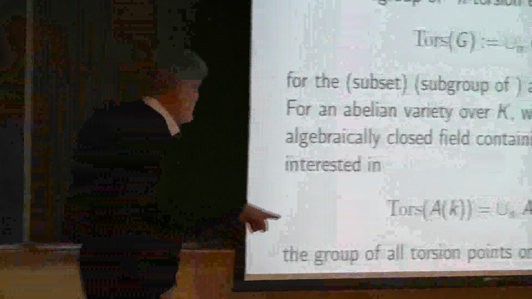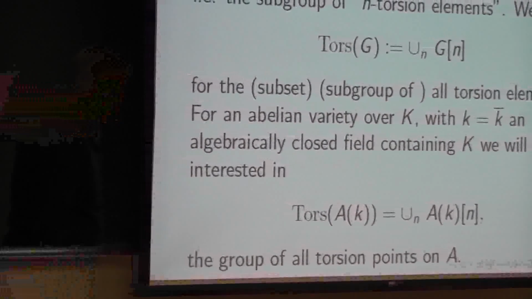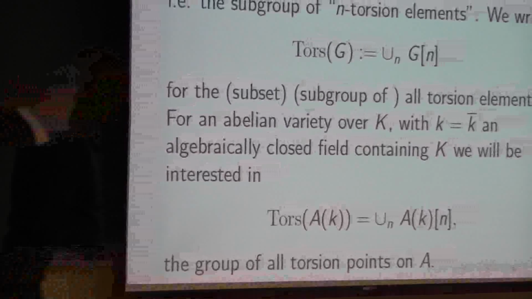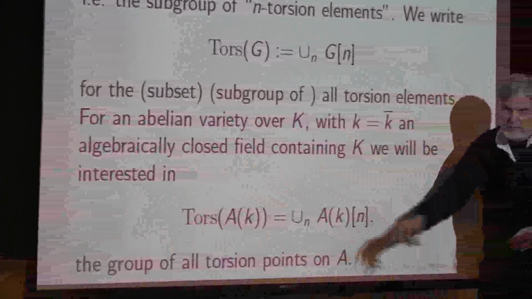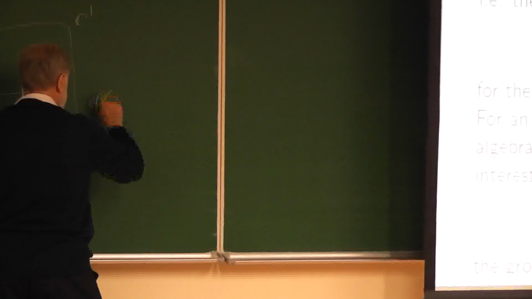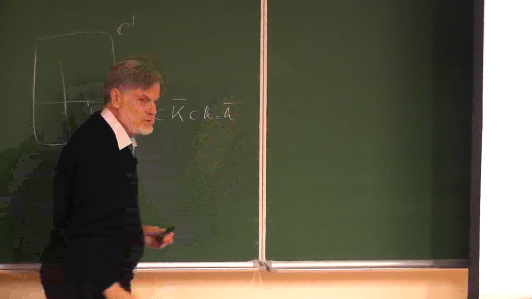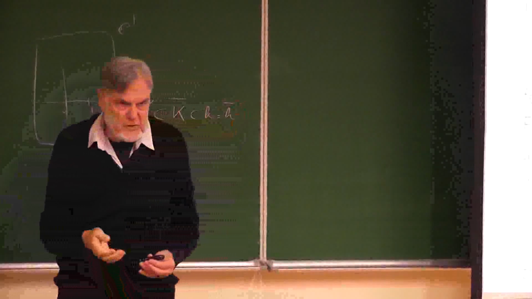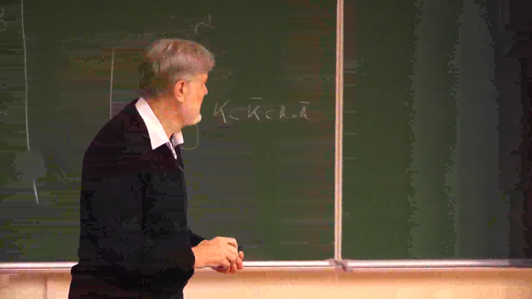And for the abelian variety, I consider the torsion points on that abelian variety. Now mind that my abelian variety can be over some small field. So in my whole talk, I will work over a field K, and then I will go up to an algebraic closure, because if you want to see points you have to go to a large field sometimes, right?